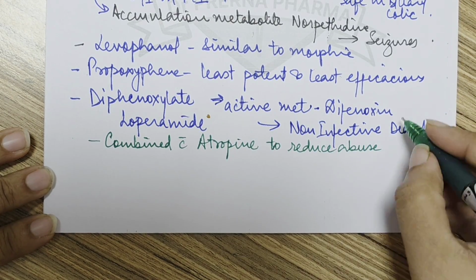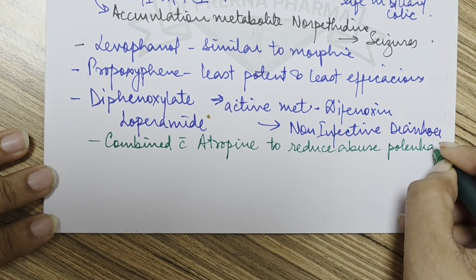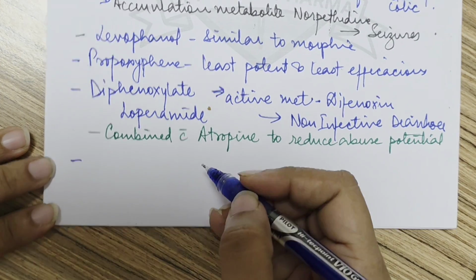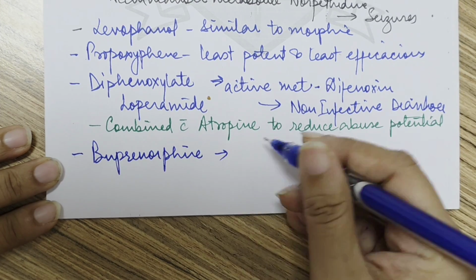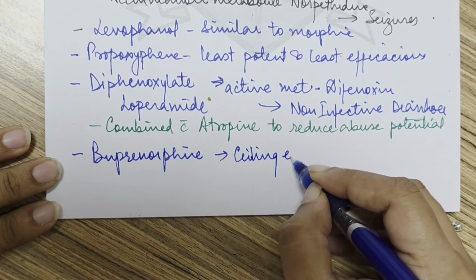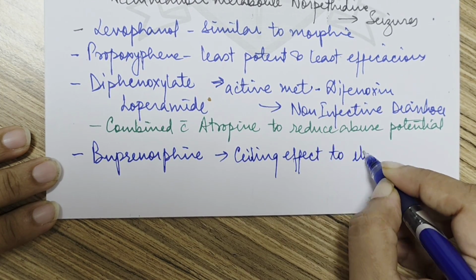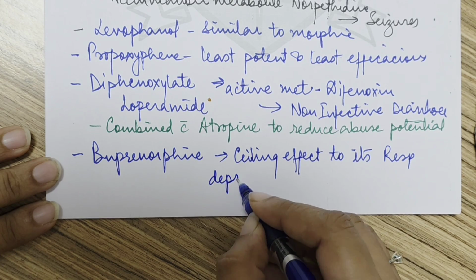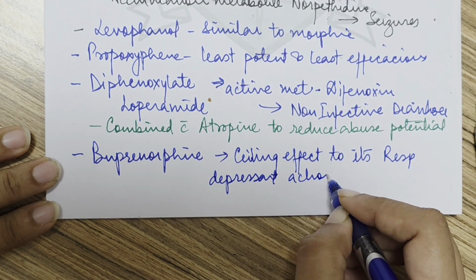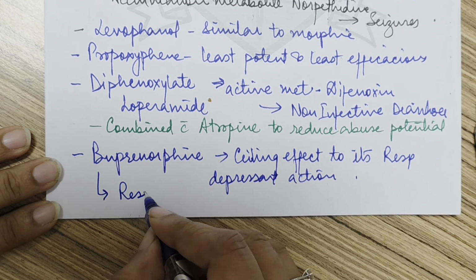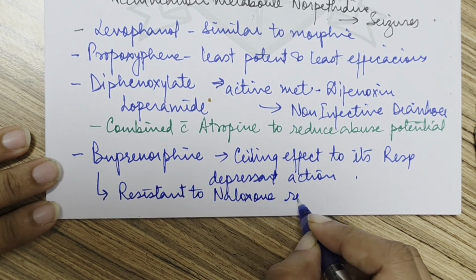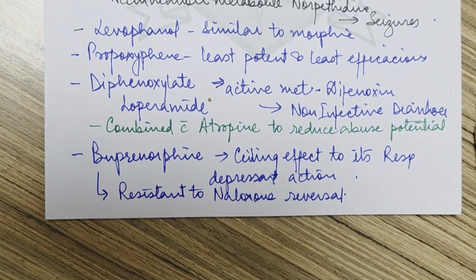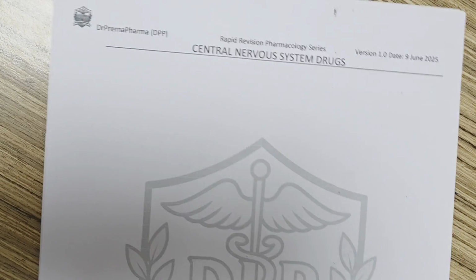The anticholinergic unpleasant side effects will reduce the abuse potential, right? Then another drug that we have studied is buprenorphine. Now this buprenorphine exhibits a ceiling effect to its respiratory depressant action. Plus it is resistant to naloxone reversal. Okay, so this is about buprenorphine.